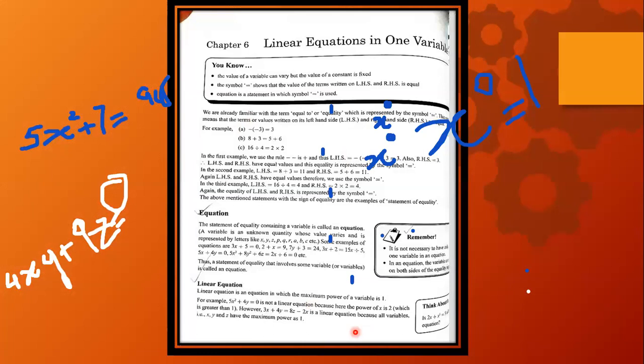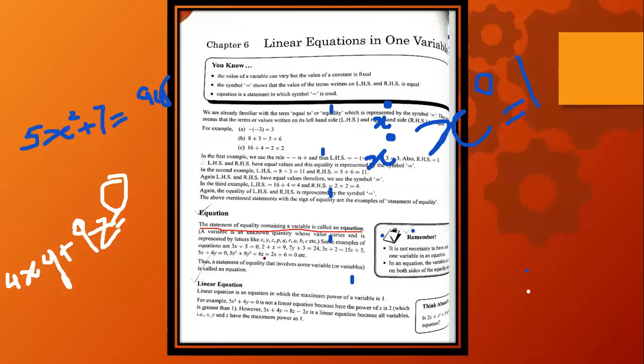Now, the definition of equation: the statement of equality containing a variable is called an equation. After this, you are going to make a heading of example, and with your own choice, you can write your own examples.